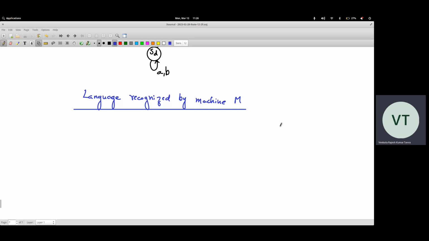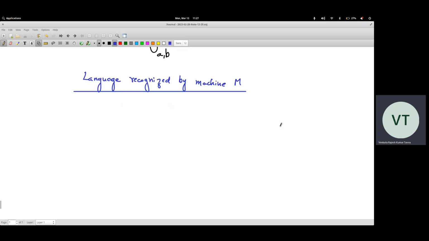We will get into regular expressions properly later, but I have already given you some examples of regular expressions. But the idea is, what is the language recognized by a machine? I gave you some examples. Now we will formally define it. When do we say a language is said to be recognized by a machine?